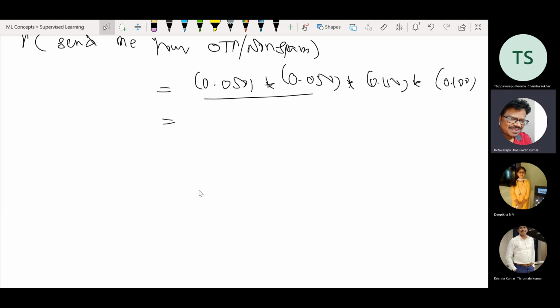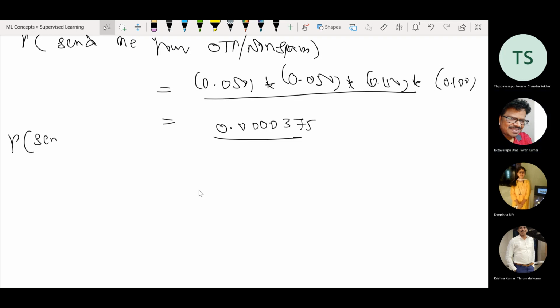Now if I multiply all these probabilities, we get 0.00004375. So that is the probability of send me your OTP in the non-spam category.